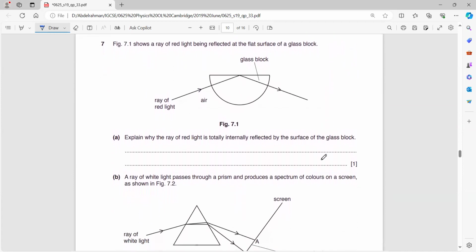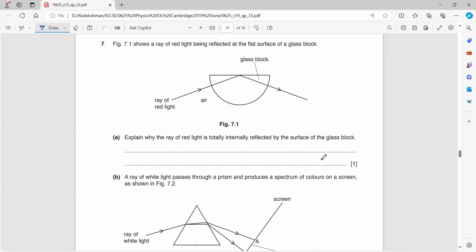Shows a ray of red light being reflected. Explain why the ray of red light is totally internally reflected back by the surface of the glass block. Why is it totally internally reflected? Total internal reflection. Angle of incidence. Yes, correct.